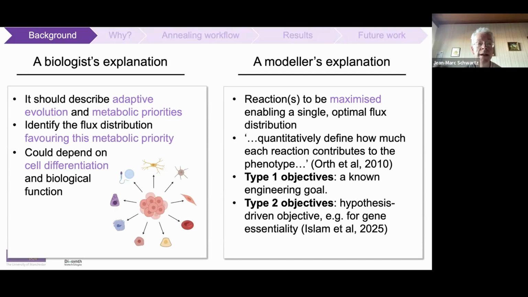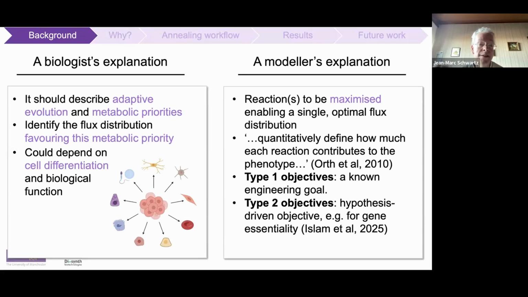This describes a kind of natural environment case where we assume that species have evolved in the environment to optimize their growth, and they continue to behave in that way.